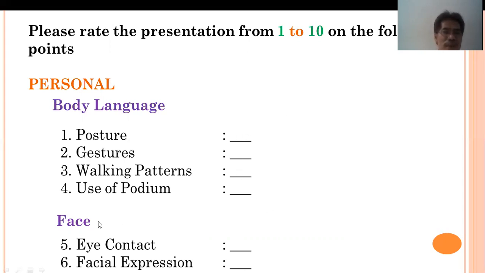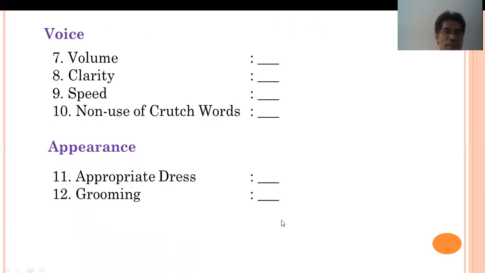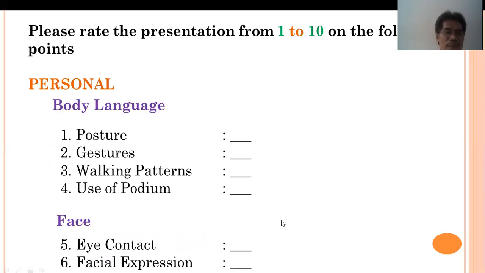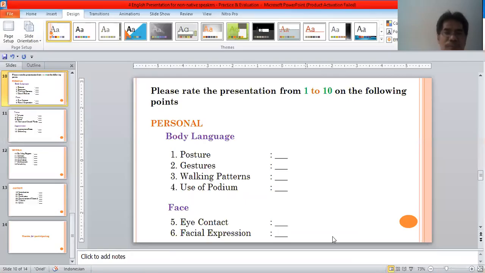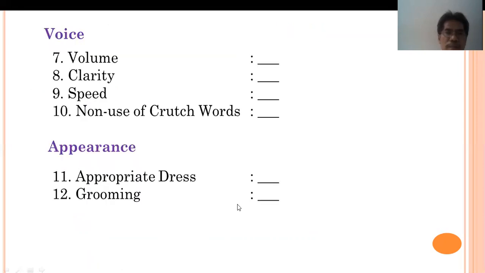here. What about the face? Do they have eye contact, facial expression? Eye contact, facial expression, and then the voice.